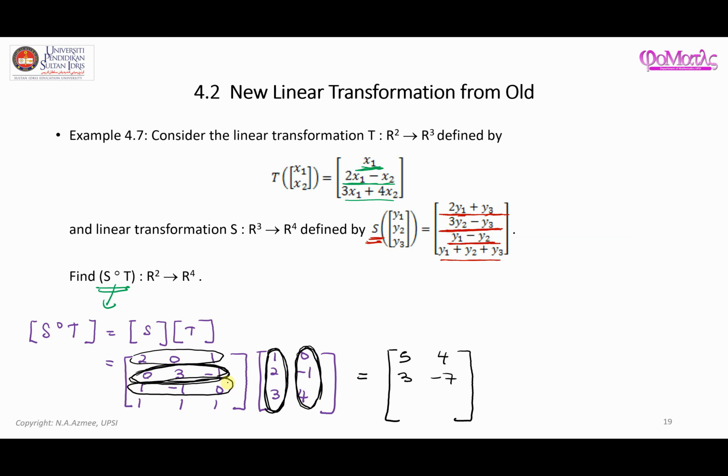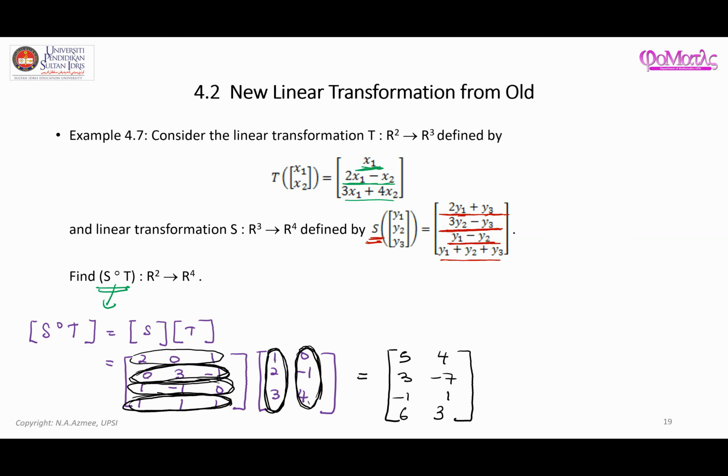This one here: 1, negative 2, so negative 1. For this one and this one: 0, positive 1, so this is 1. And this one here: 1, 2, 3, which is 6. This one and this one: negative 1 plus 4, which is 3.